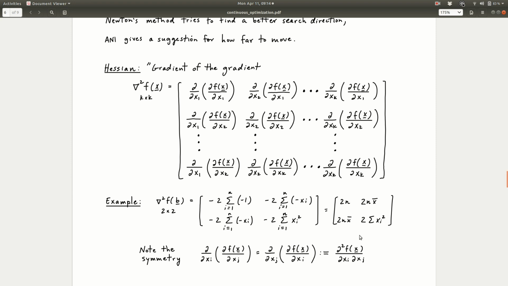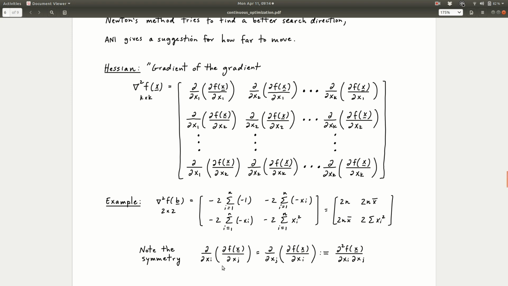If you write this in terms of notation, this is going to be 2n, this is 2 times n times the mean of x, and that's the same. And then this is 2 times sum xi squared. So this should be a plus, actually. Okay.